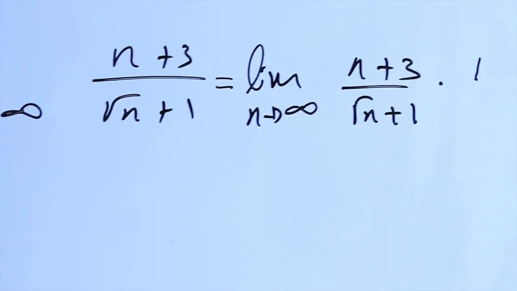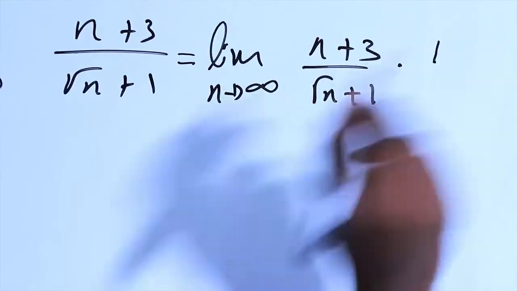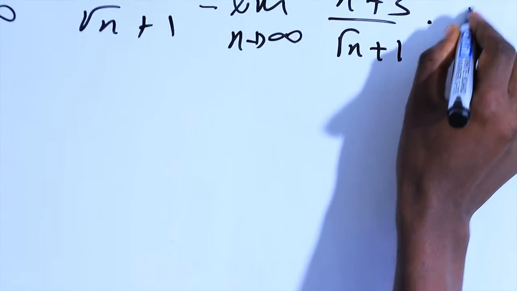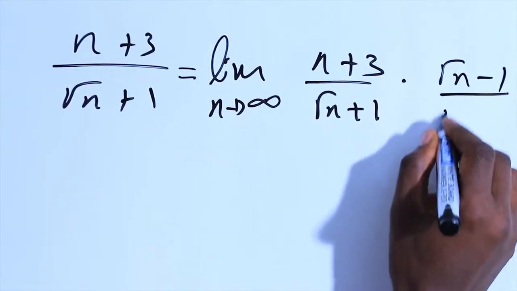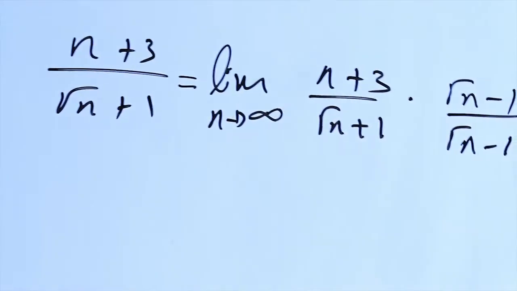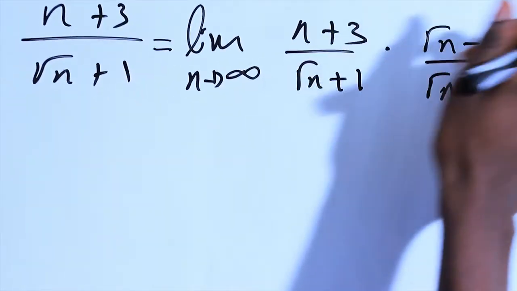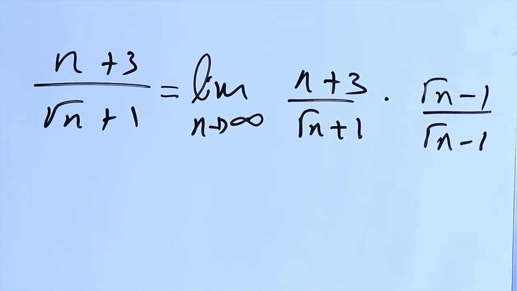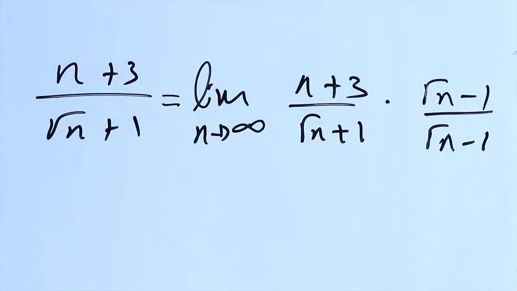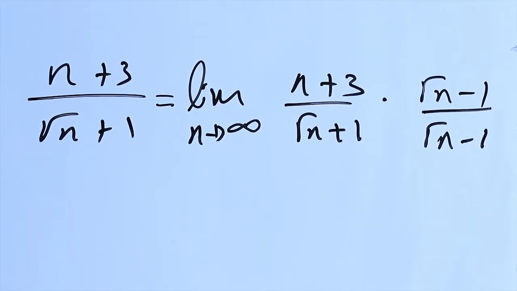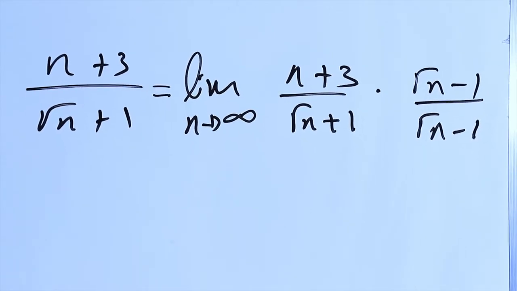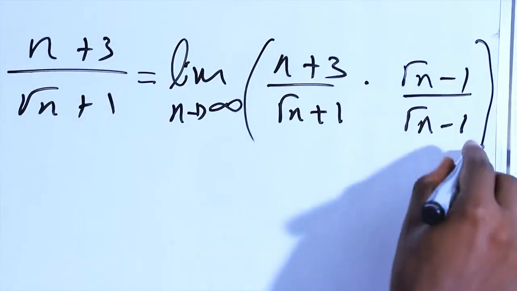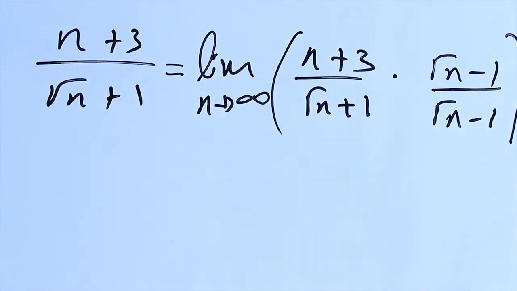But technically, this number 1 is equivalent to radical n minus 1 over radical n minus 1, because any mathematical expression divided by itself, except 0, the result becomes 1. So nothing is done here, simply multiplying by the number 1. And again, multiplying any mathematical expression by the number 1, the result is as it is. So we can express this in such a way.